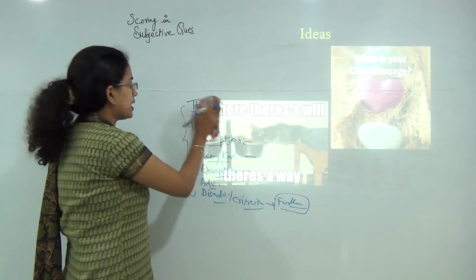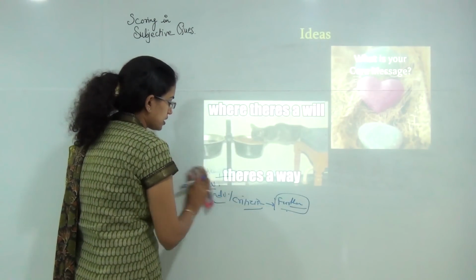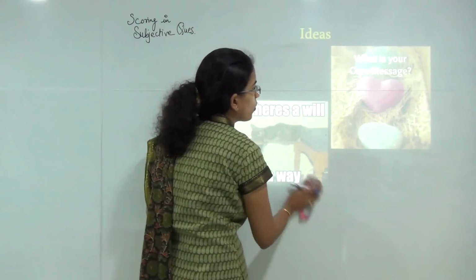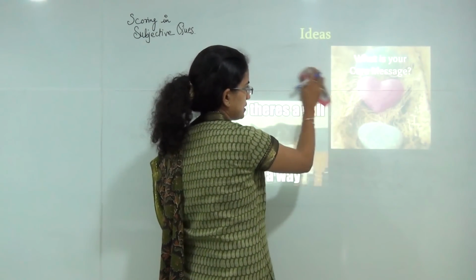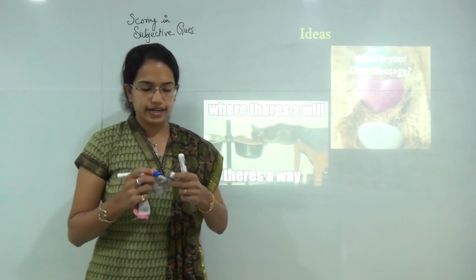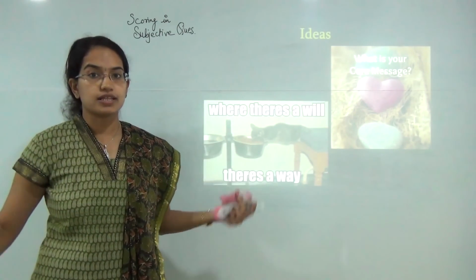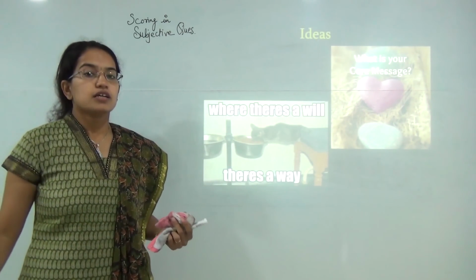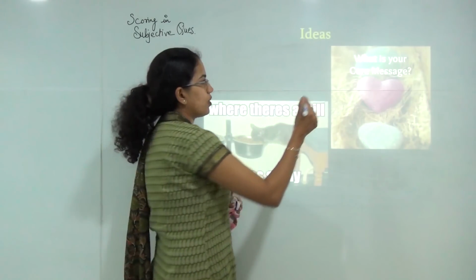The next is ideas. The most important thing is what is the core of the idea or the core message. So if you are good at writing, that does not mean you keep on writing anything and everything. Okay? The most important thing is the core message.